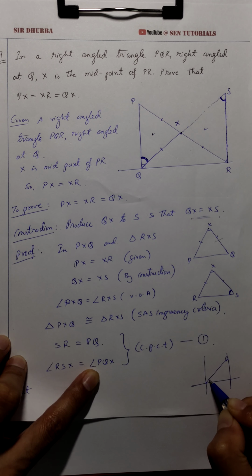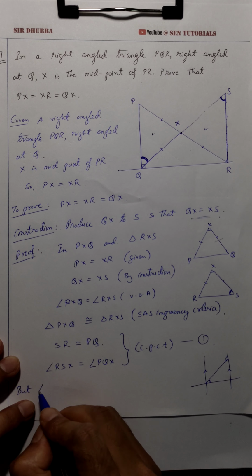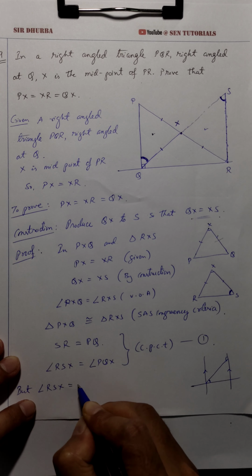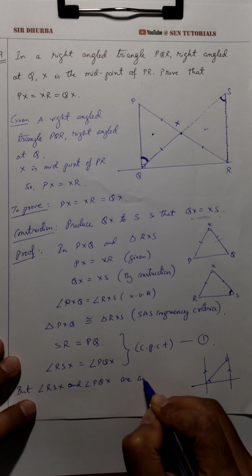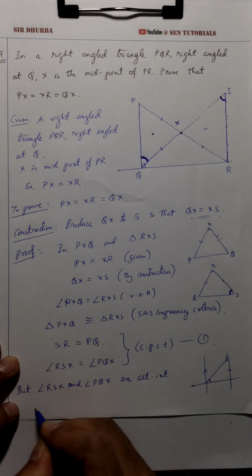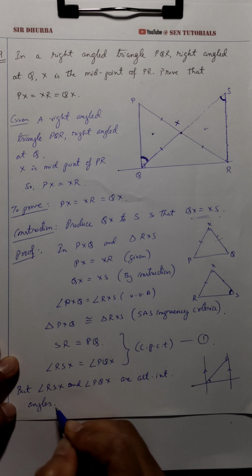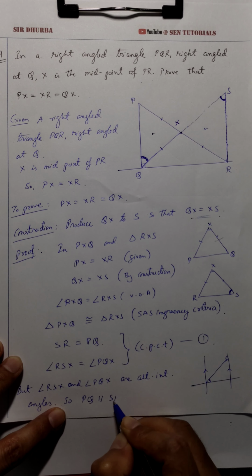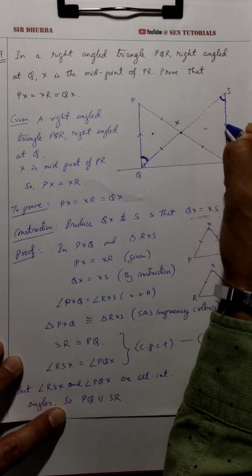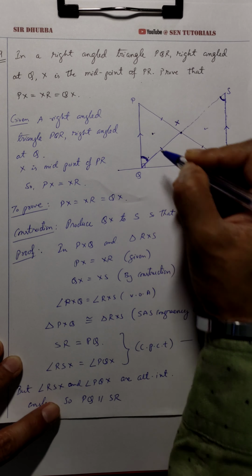When can this happen? Alternate interior angles are equal. This can happen only when these two lines are parallel. But angle RSX and angle PQX are alternate interior angles. So again, PQ is parallel to SR. Then only the alternate interior angles will be equal.